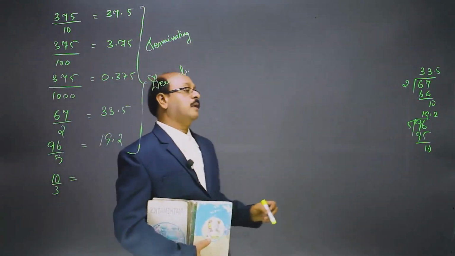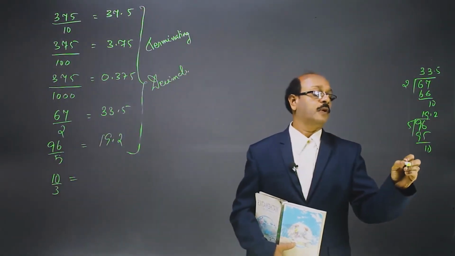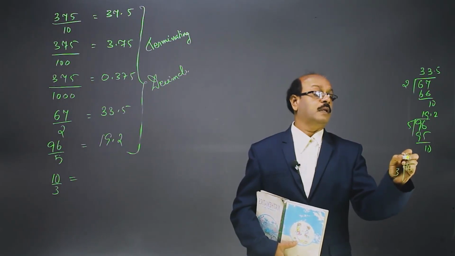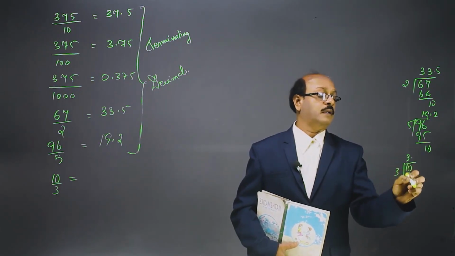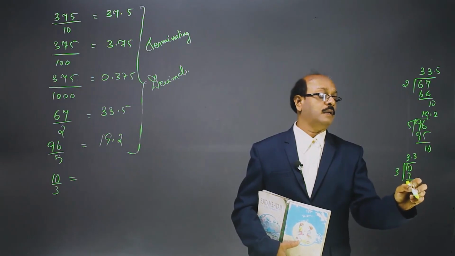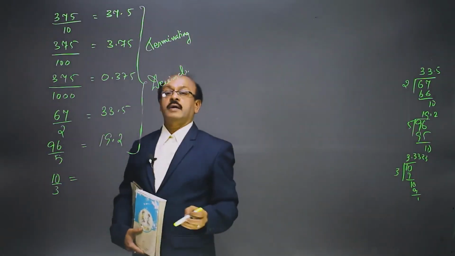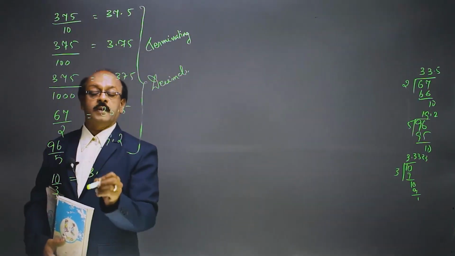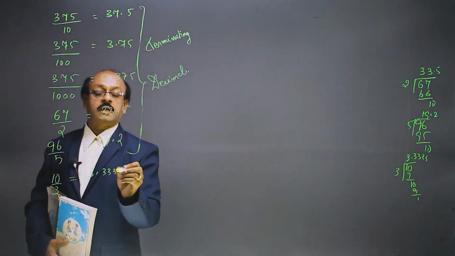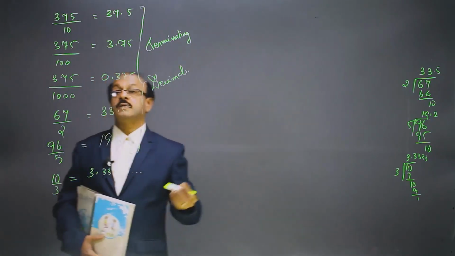10 by 3, we are dividing 10 by 3: 3 3s are 9, again 3 3s are 9, 3 3 3, it is continuing. 10 divided by 3 is equal to 3.33333, etc. It is repeating.